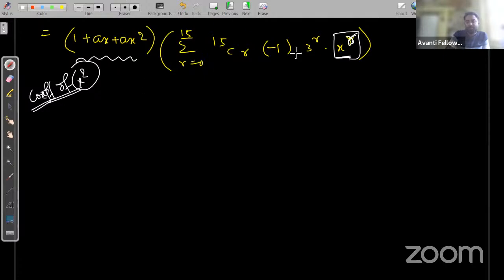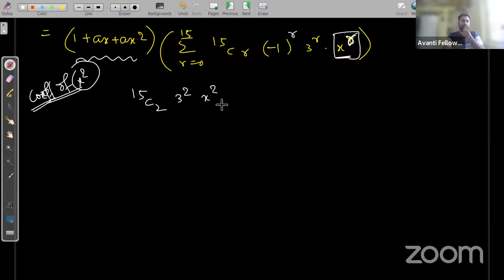So if we multiply 1 with this expansion, this will be 15C2 into (minus 1) to the power r, that is 2, so minus 1 to the power 2 becomes plus 1, into 3 square into x to the power 2.